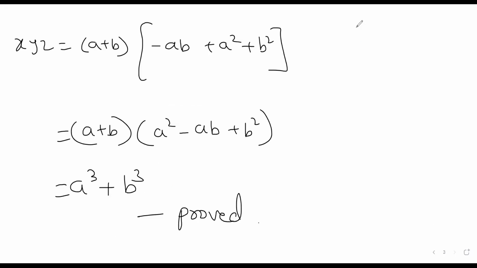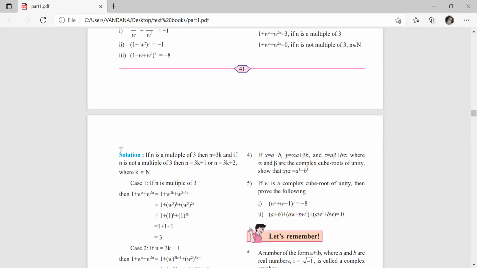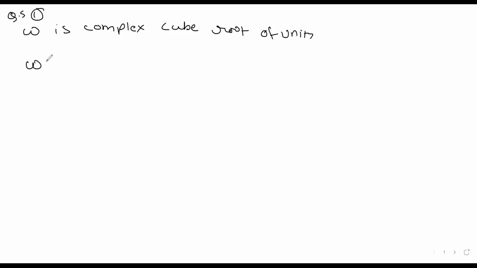So w cube is 1 and w square plus w plus 1 is equal to 0.